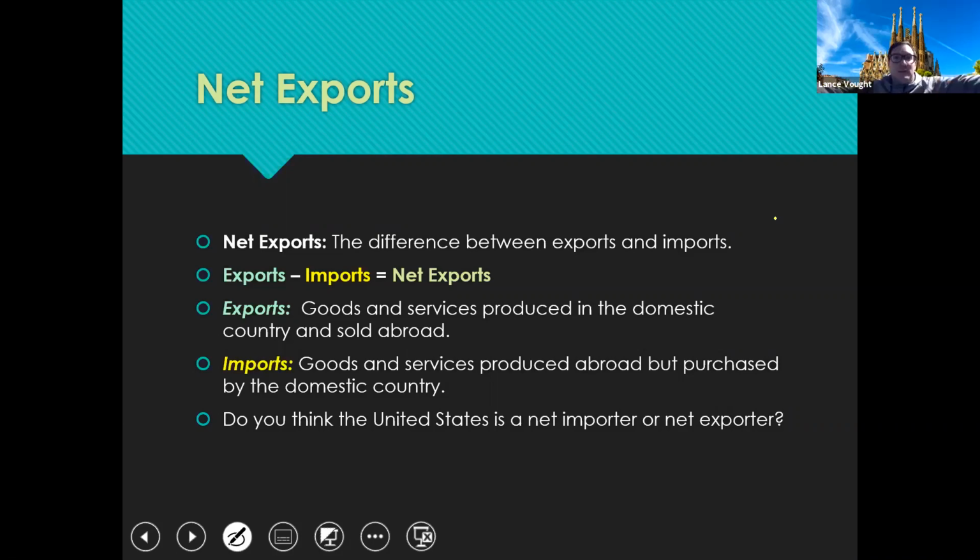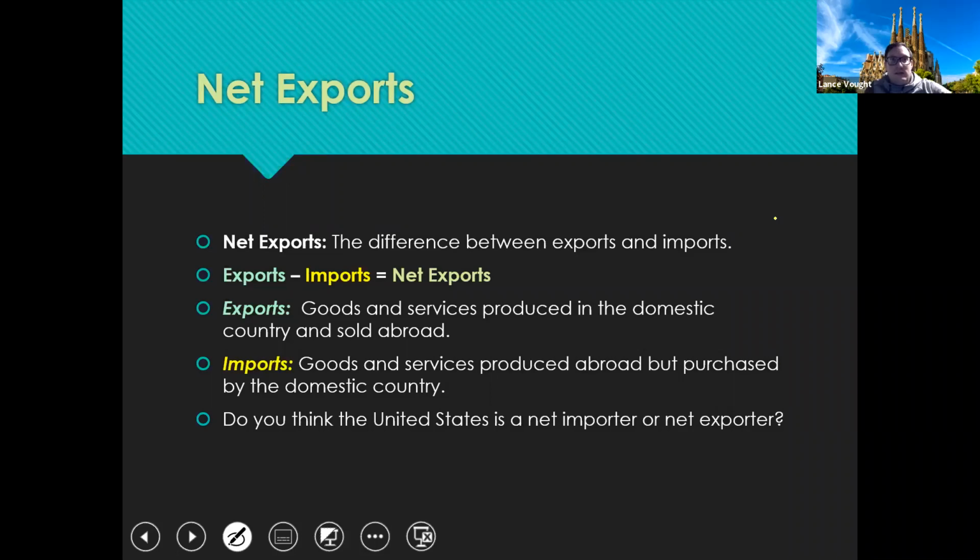Just because it was bought by someone else outside of our borders does not matter. The value and the circulation of income and value from it is coming from production within the borders of the nation, and therefore it counts as an export. So exports count positively towards GDP.